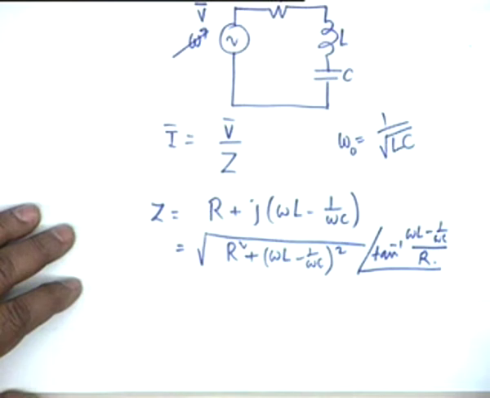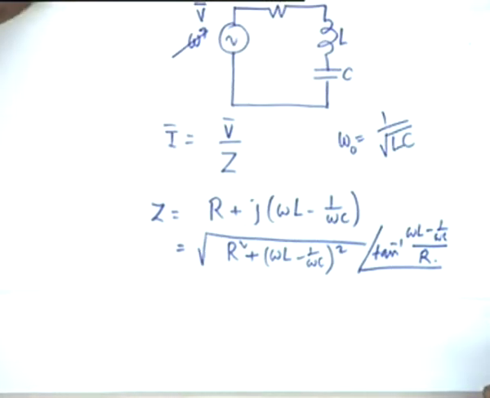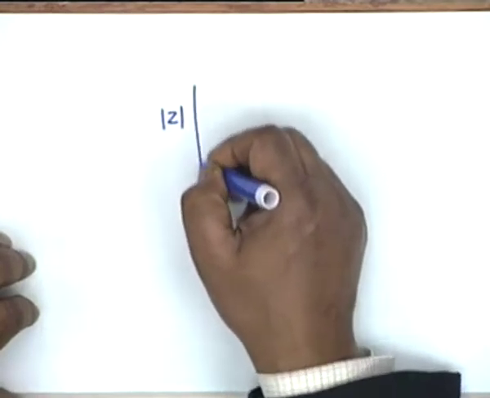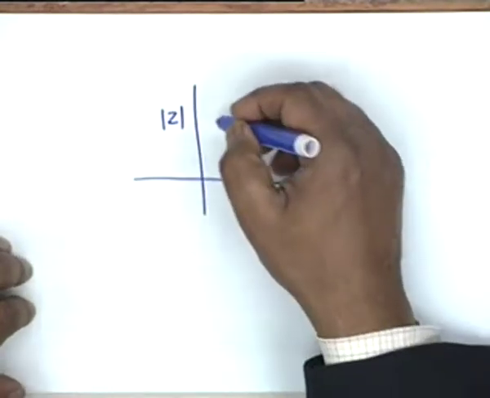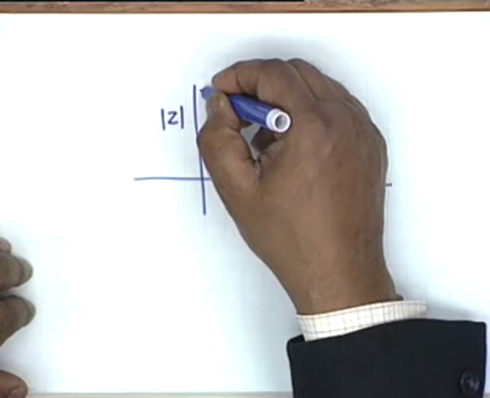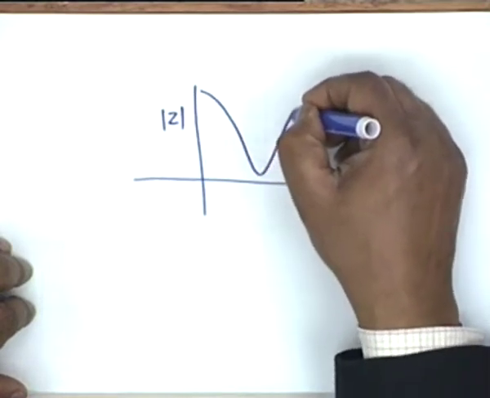and therefore if I draw a plot of the magnitude and phase, the magnitude goes like this.